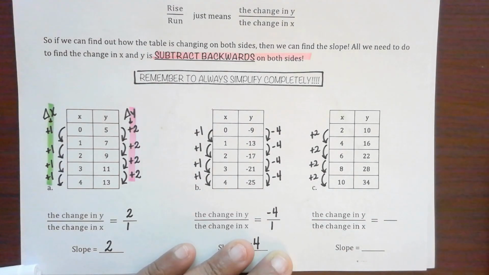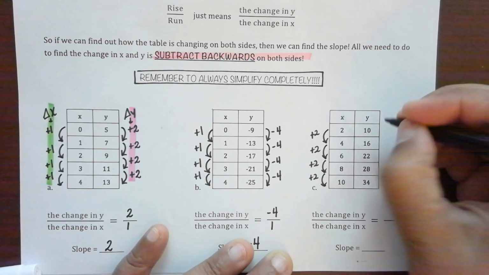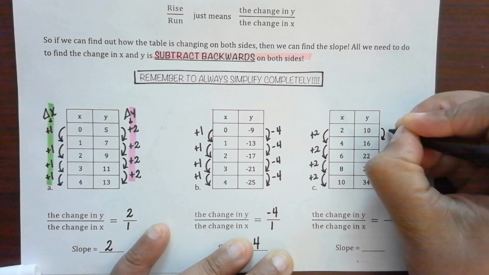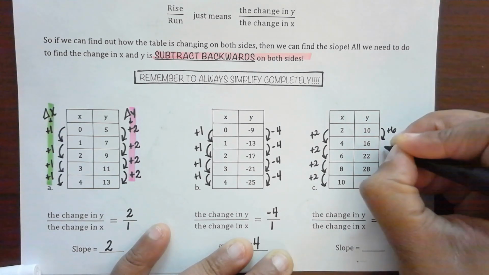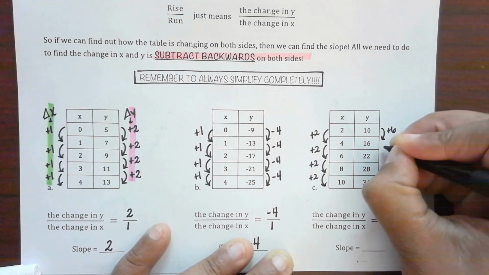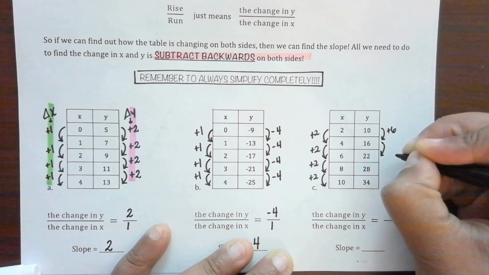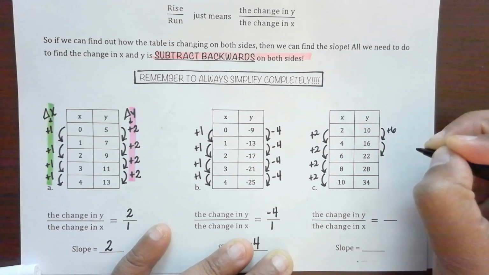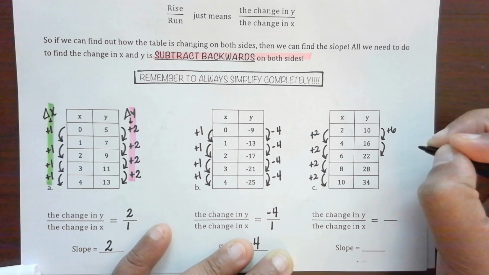All right, Brandon, what were you supposed to type in? 16 minus 10. What did that get you? 6. All right, Jordan, what were you supposed to type in? 6 minus 4. No. We're on the other side of the table. Oh, the other side. Oh, 22 minus 16. No. Second group. You're doing Ian's. 22 minus 16.